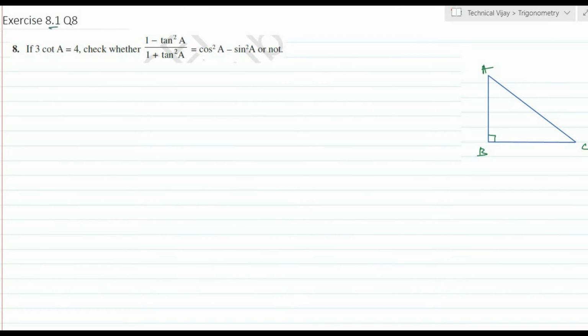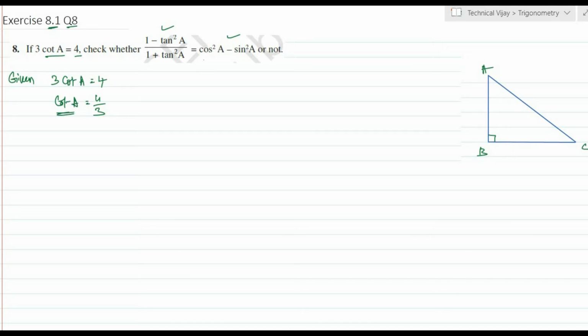So exercise 8.1, in that question number 8. If 3 cot A equal to 4, check whether this is equal to this or not. Okay. So both we have to calculate, and this one we have to verify with the result of this one. Okay. So given 3 cot A is equal to 4. So cot of A is equal to 4 divided by 3.